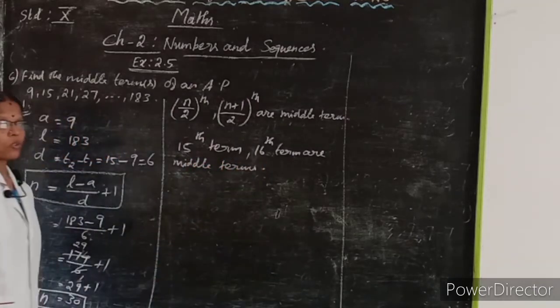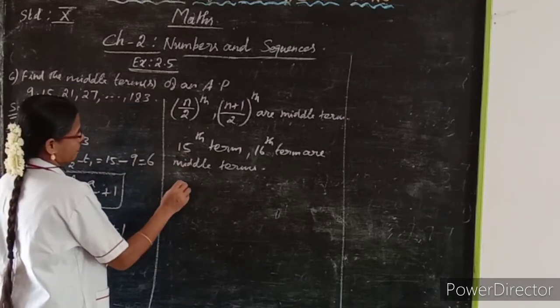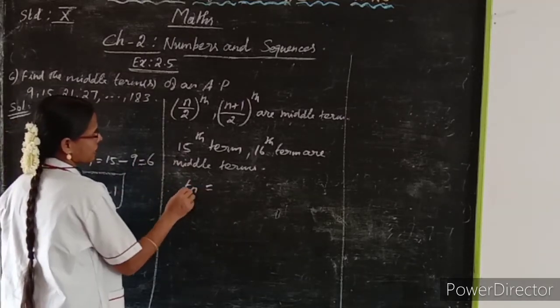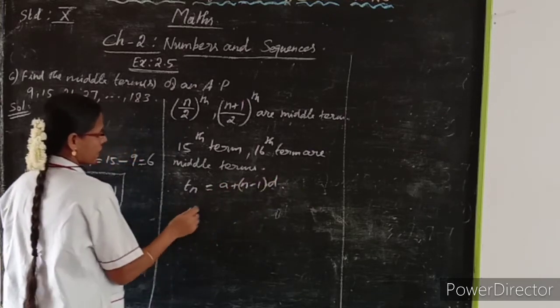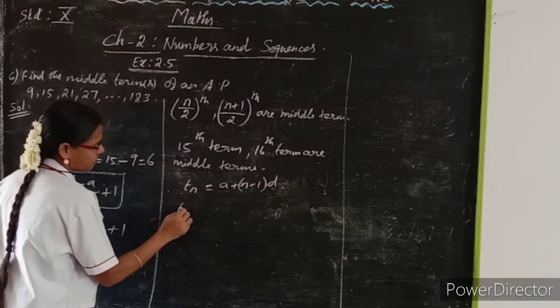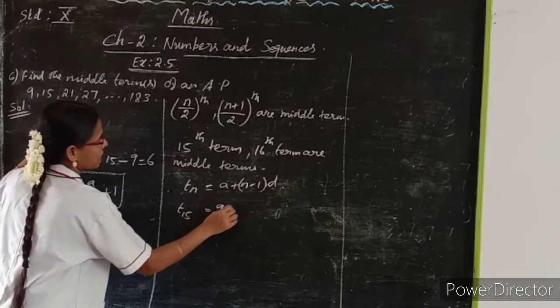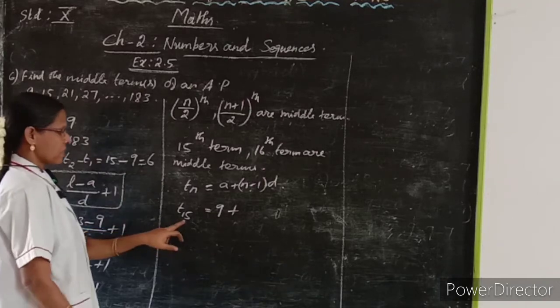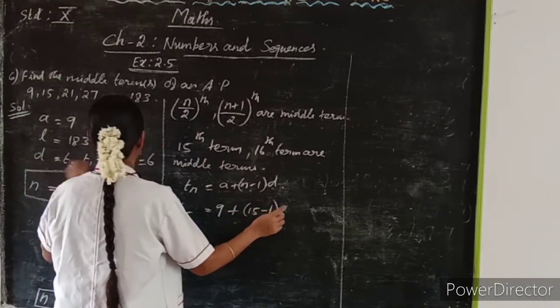So now, how to find those middle terms? Here n is 15. The nth term Tn is A plus (n minus 1) into D. Here n is 15. T15 is equal to A which is 9, plus (15 minus 1) into D which is 6.